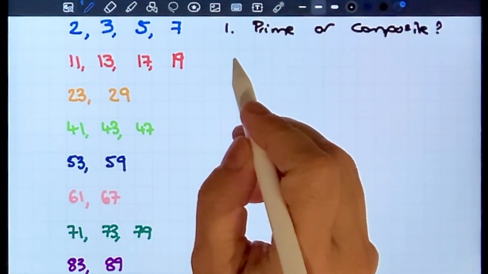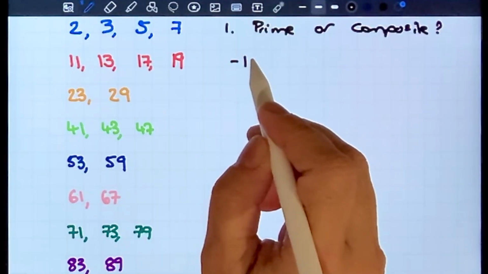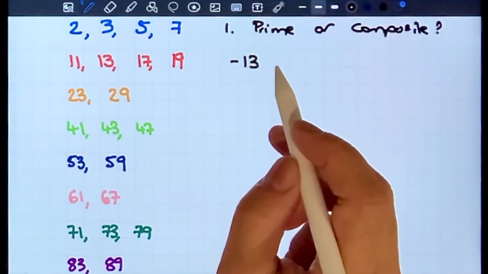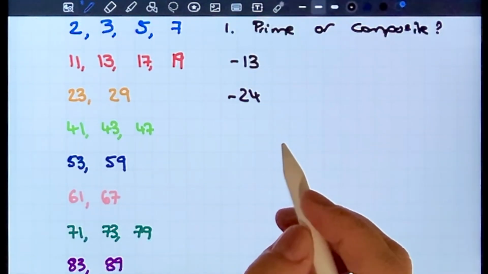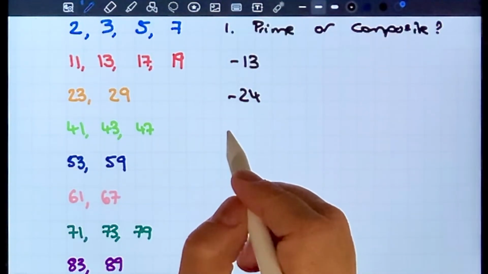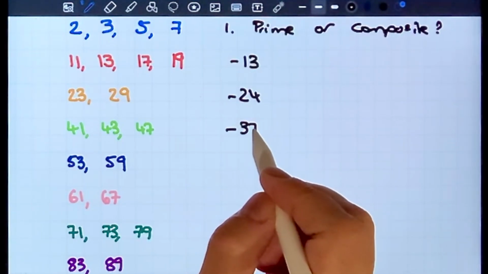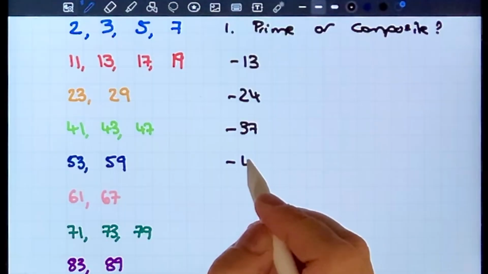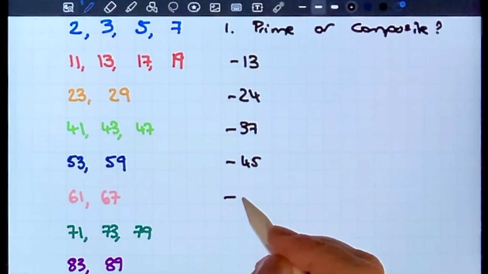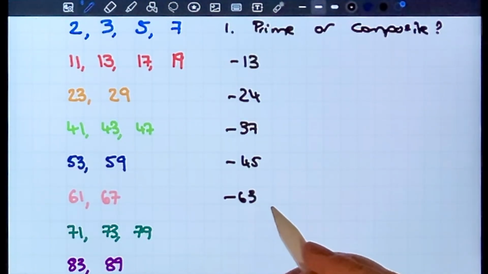Okay, so we've got the following numbers. We've got 13, 24, 37, 45, and 63.